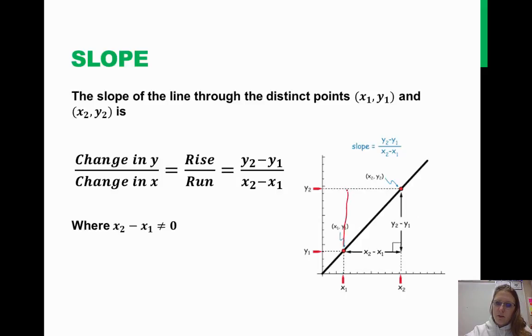So if I go up, that's a rise over the run. So the difference in the y's, y2 minus y1 over x2 minus x1. And notice that we have to say that x2 minus x1 cannot be 0. If it was 0, it would be undefined.